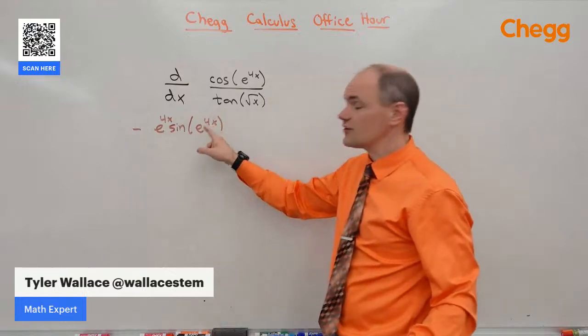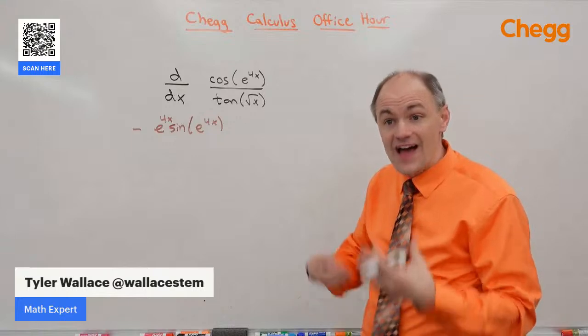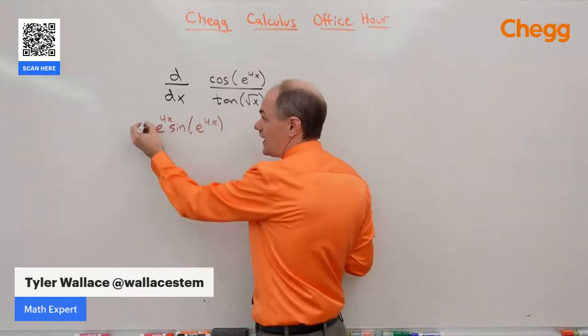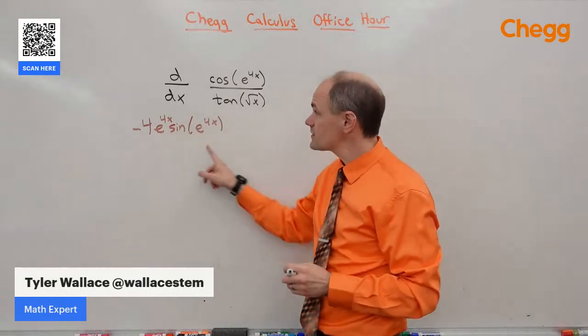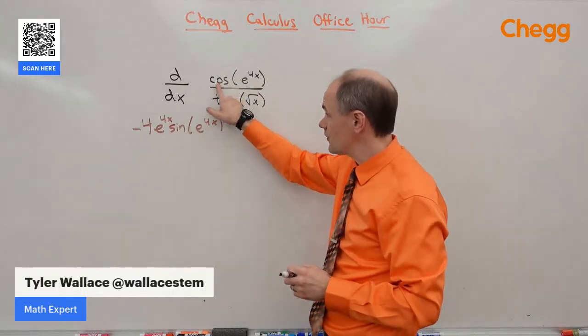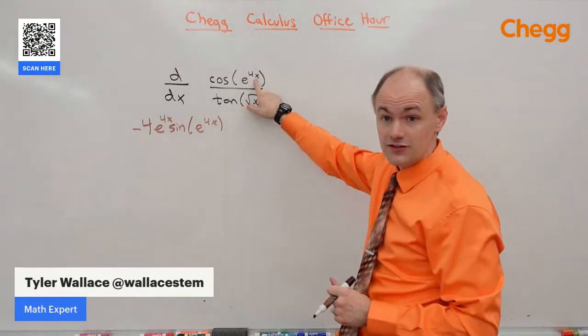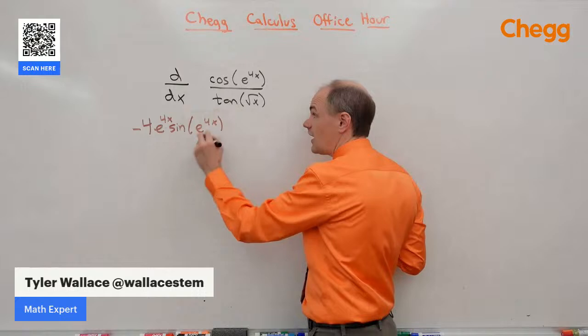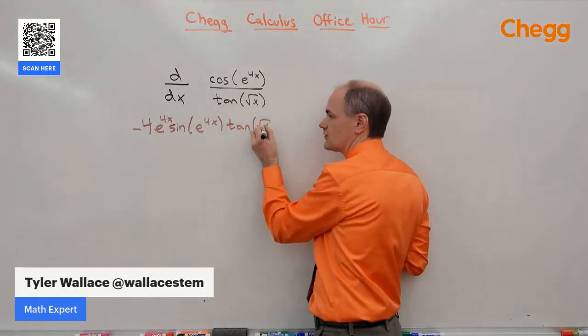But because there's still stuff there, we have to take the derivative of that stuff. The derivative of 4x is 4. So all of that work to take the derivative of the numerator: the derivative of the cosine times the derivative of e times the derivative of 4x. The derivative of the top then gets multiplied by the denominator, which is the tangent of the square root of x.